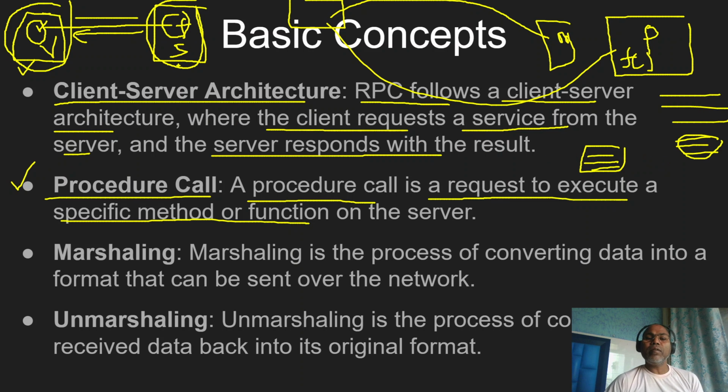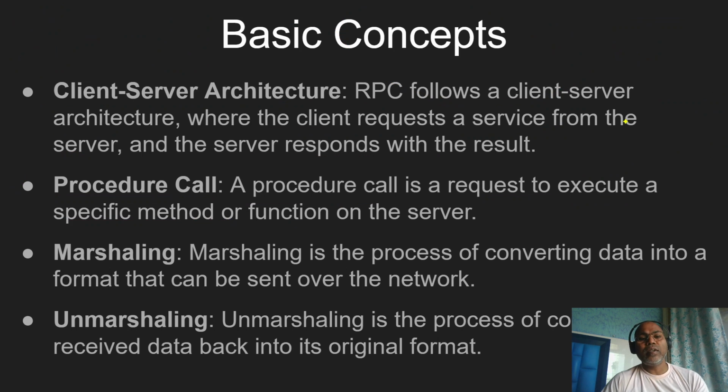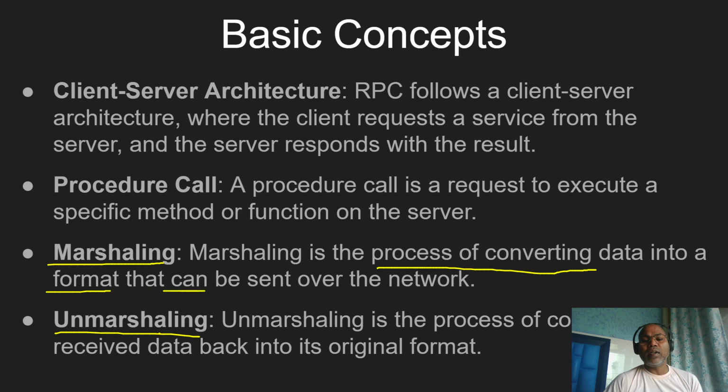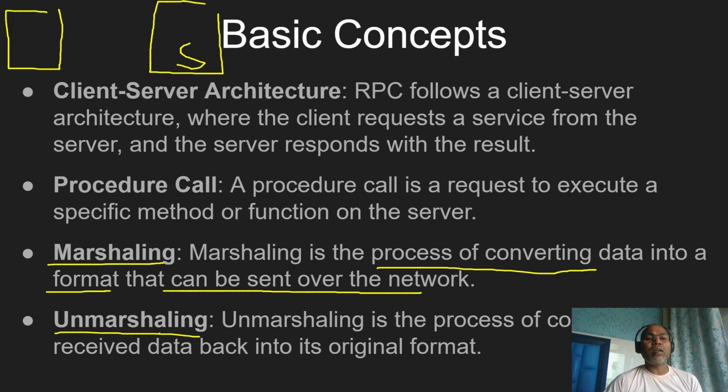Okay, and between the client and server, there is a concept of marshaling and unmarshaling. What is marshaling and unmarshaling? Marshaling is the process of converting data into a format that can be sent over the network. Notice our server is in a remote location, and our client is in a remote location.